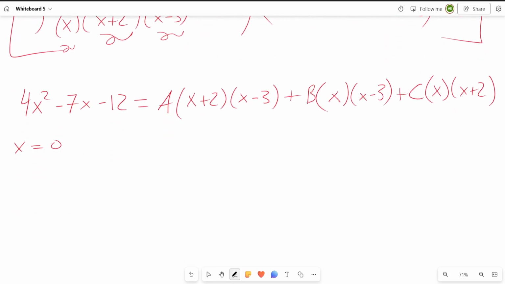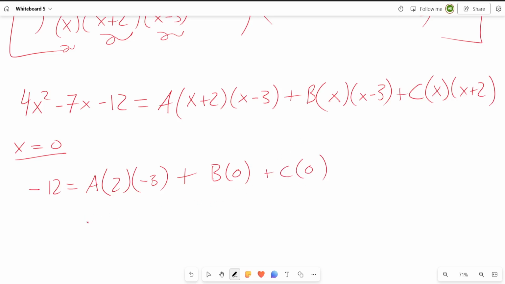So x equals 0. 4 times 0 is 0, minus 7 times 0 is 0, so I'm going to have minus 12 on the left side, equals a times 0 plus 2, which is 2, times 0 minus 3, which is minus 3, plus this term is going to be b times 0, plus c times 0, so these two cancel, I don't need to include them.